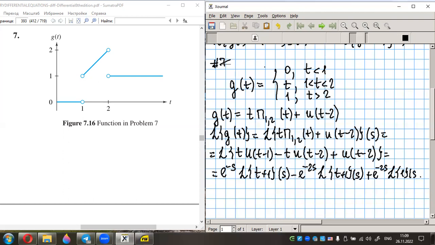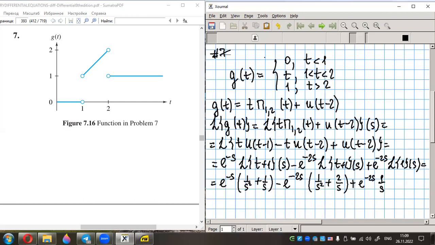Here we used linearity, and what we obtain: e to the minus s times (1 over s squared plus 1 over s), minus e to the minus 2s times (1 over s squared plus 2 over s), and plus e to the minus 2s times 1 over s.